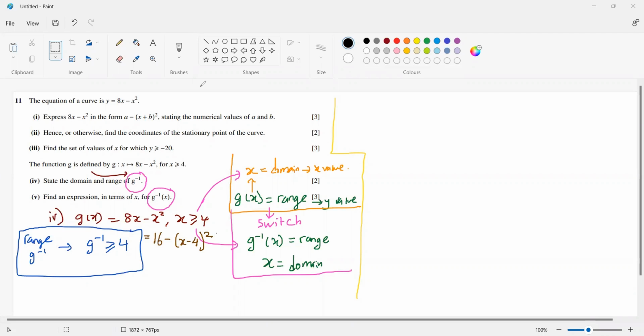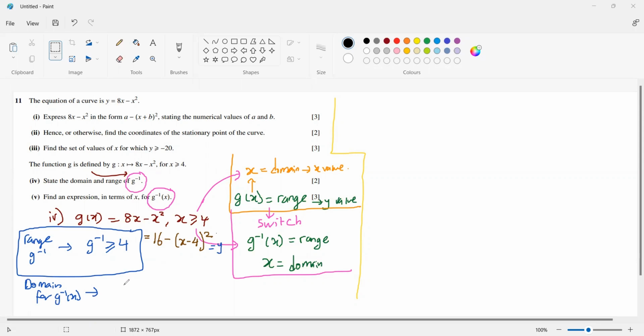So that means now the domain for g negative 1, x is talking about the x value, which will be in reverse. You can see that this is actually like the y itself. So the y itself means this is less or equals to 16.